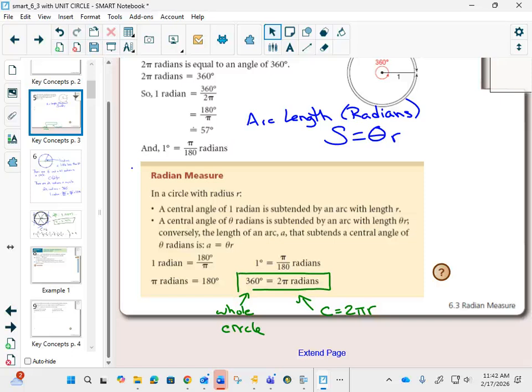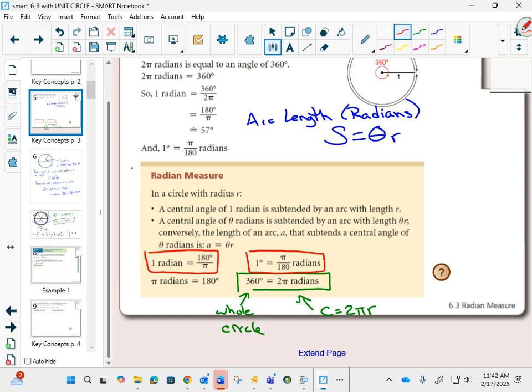From there, you get the following important formulas. 1 radian is 180 over pi. You could also figure out what 1 degree is. And since these are proportions, I'll put this one in a green box as well. Halfway around the circle is 180 degrees. Half of 2 pi is pi radians. So 180 degrees is pi radians.